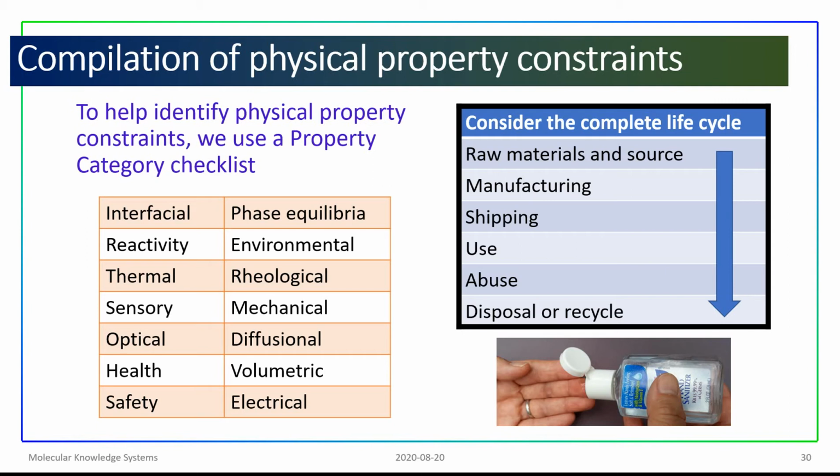How are the solvents purified? Shipping and storage considerations often pose additional constraints, such as restrictions or extra costs due to flammability or the hazardous nature of a solvent. We must consider not only how the solvent will be used, but are there any ways the solvent might be abused? And finally, how is the solvent to be disposed or recycled?